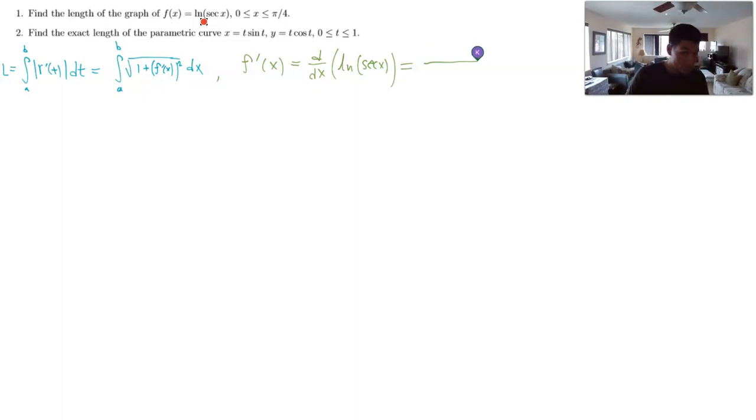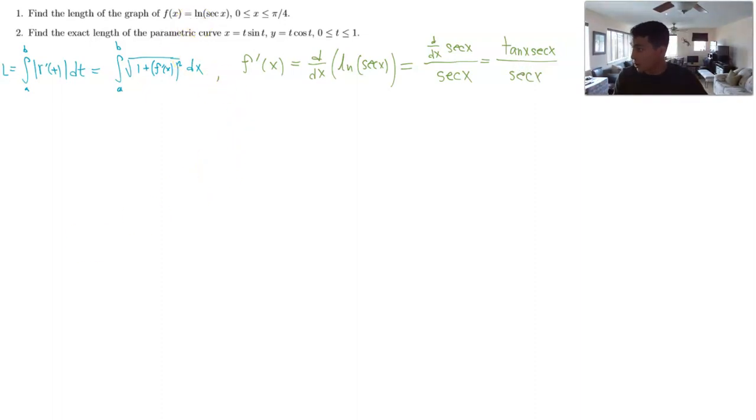So the top part we do the derivative, so we go d/dx of secant x, and then we just have secant x. Okay, the derivative of secant is what? I believe it is tan x secant x.